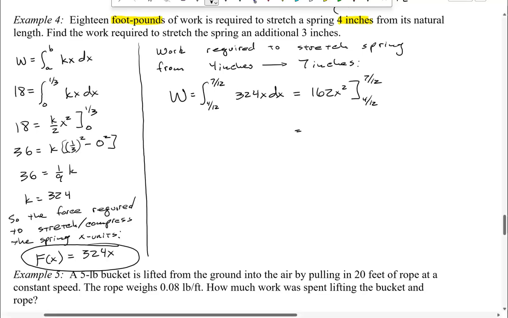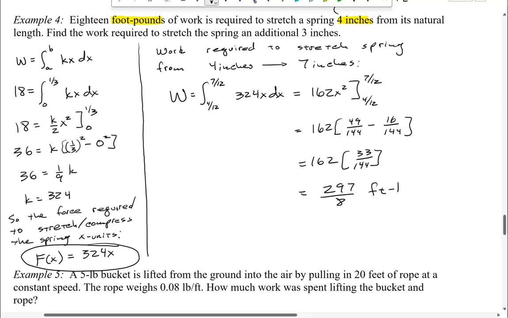And that's going to give us 162 times 49 over 144 minus 16 over 144. Gives us 33 over 144, which results in 297 over 8 foot-pounds.